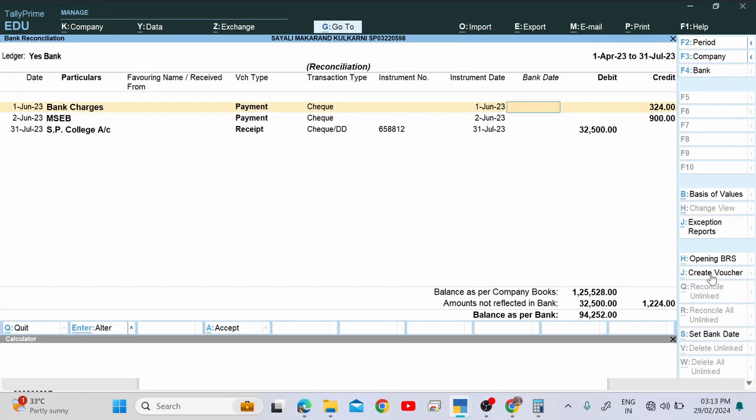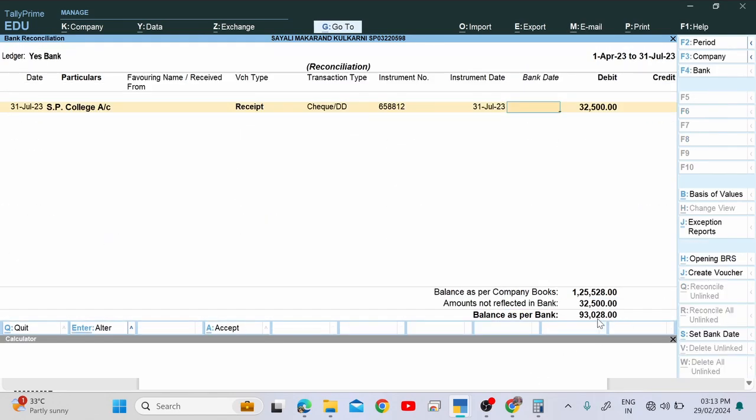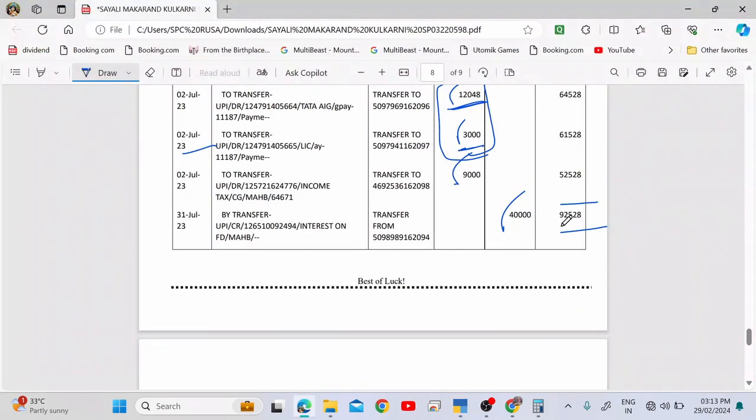in the reconciliation you should write 1st June and then 2nd June, enter, and then finally in the reconciliation check the balance. 93,000 balance as per bank, and this is your bank, as per bank this should be the balance, 92,528.